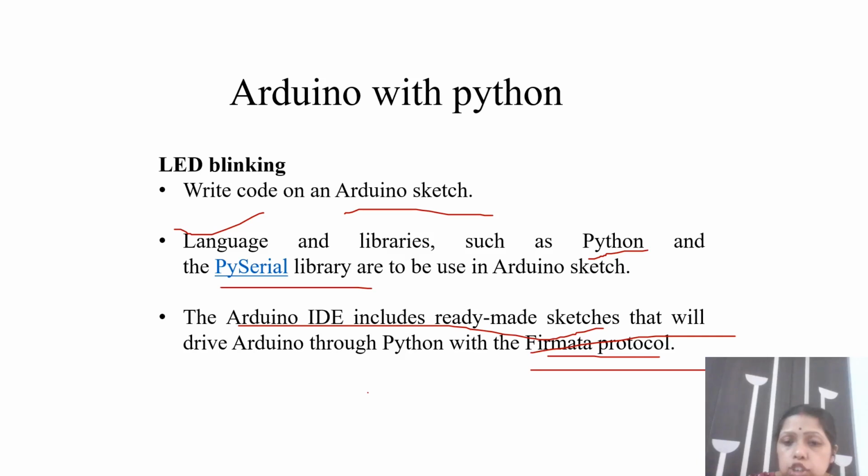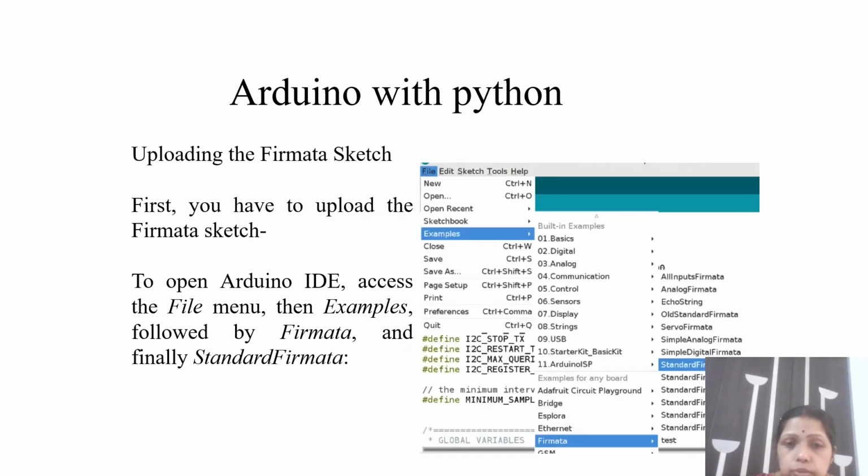You have to install Firmata. If you write the Firmata protocol, then whatever instructions you write using Python for the Arduino program will be executed successfully. So from here you will get Firmata.